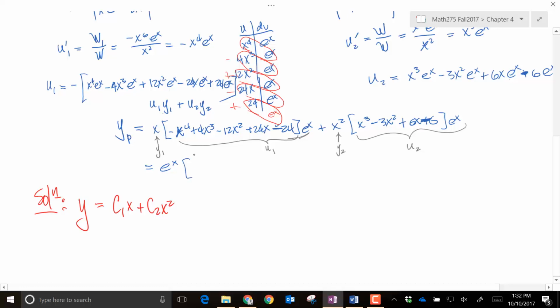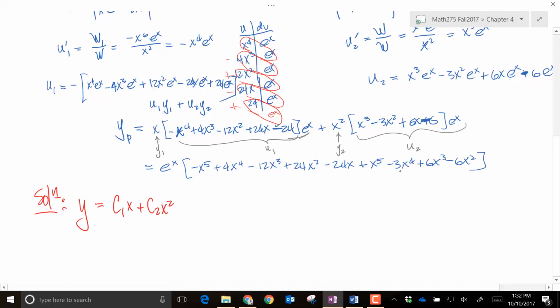So let me write it all out. Negative x to the 5th plus 4x to the 4th minus 12x to the 3rd plus 24x squared minus 24x, plus x to the 5th minus 3x to the 4th plus 6x to the 3rd minus 6x squared.